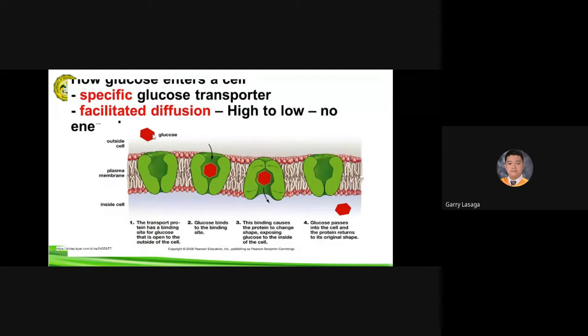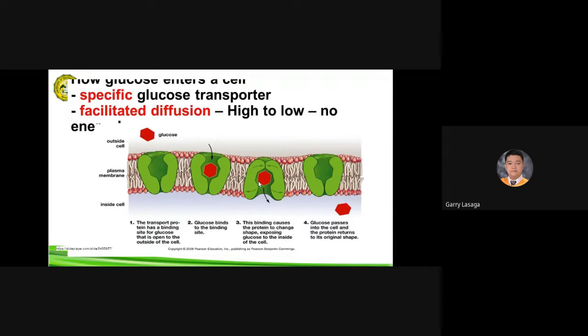Again, for facilitated diffusion to happen, there should be a higher concentration of glucose from the outside to the inside. So for example, when glucose binds to our GLUT4, for example the one present in the liver, the glucose will cause the protein to change shape, exposing the glucose to the inside of the cell.